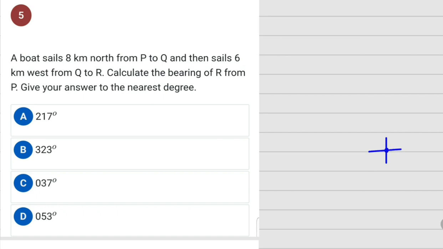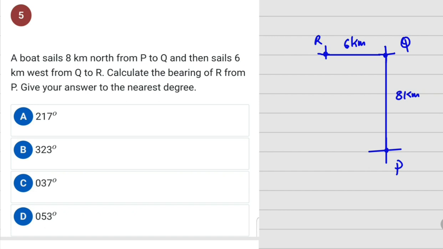This time it's going to be west instead of east that I used. So let's move 8. This is my P and this is my Q. It now moved west 6, so we'll have it here. Now remember, this is my 8 km and this is my 6 km. That is west, so we have our R here.